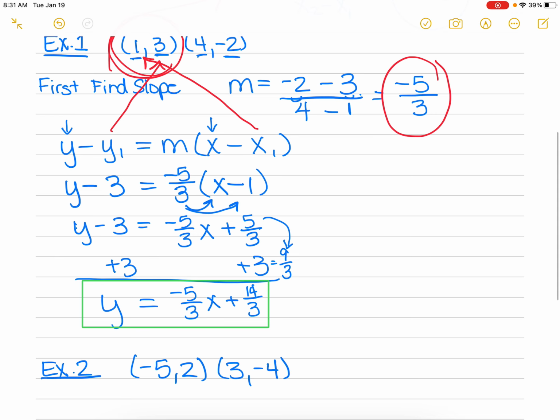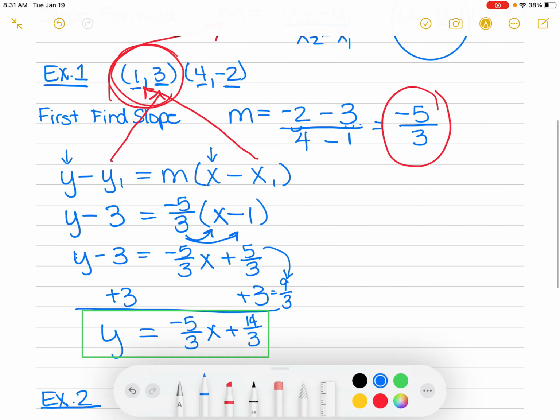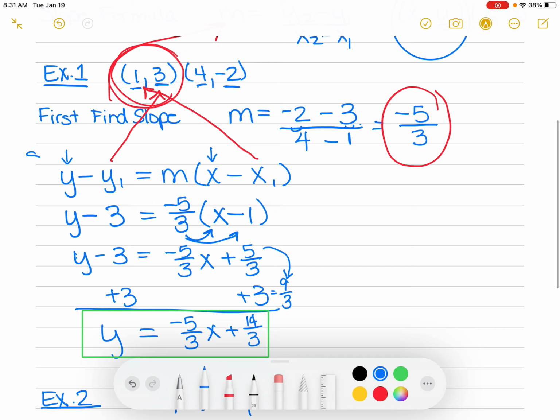In fact, all I wrote was first find slope. I should have given you some other directions to write down. Second, you put it into point slope, and last, change to slope intercept.